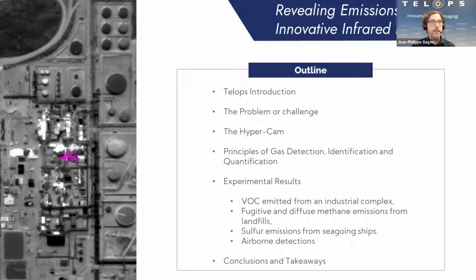And then before the conclusion and key takeaways, I will present some experimental results in various applications. One of them would be VOC emitted from industrial complex, fugitive and diffuse methane emissions from landfills, sulfur emissions from seagoing ships, and of course, all kinds of gas detections that we performed from airborne platforms.